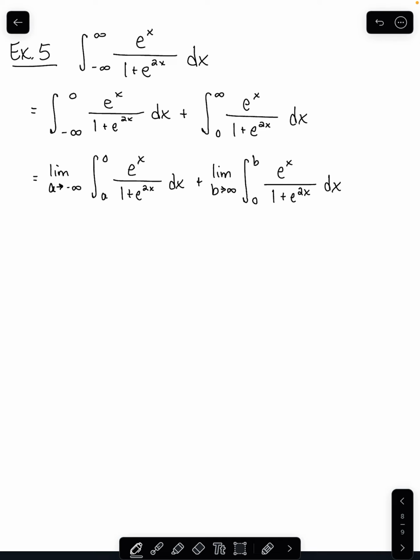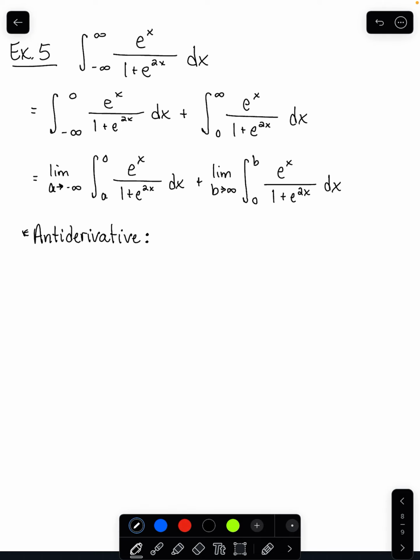We will need a quick substitution here in order to find the antiderivative. Namely, we will need the substitution that u is equal to e to the x.